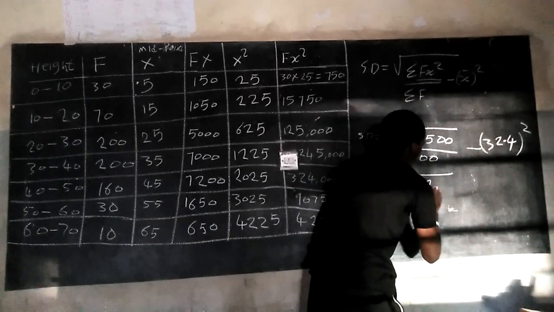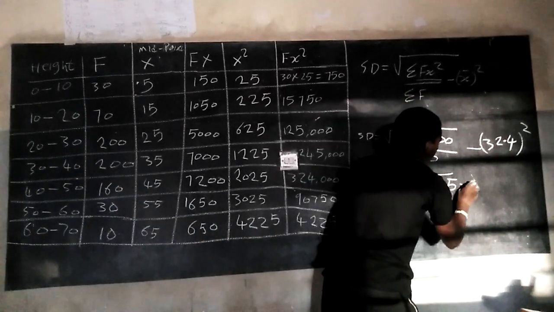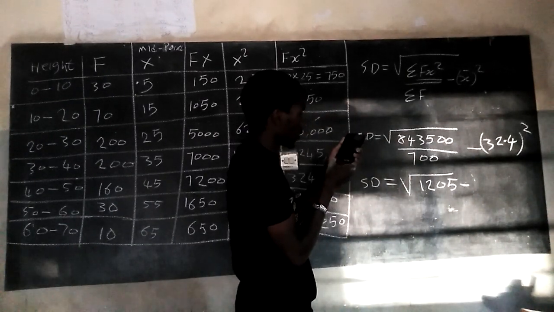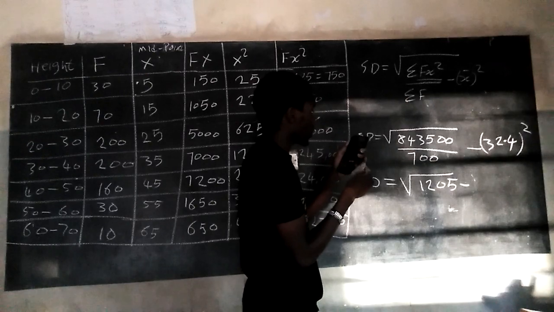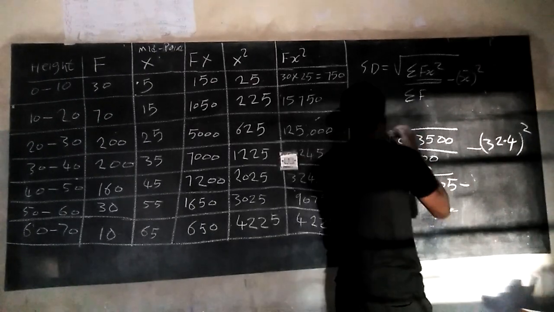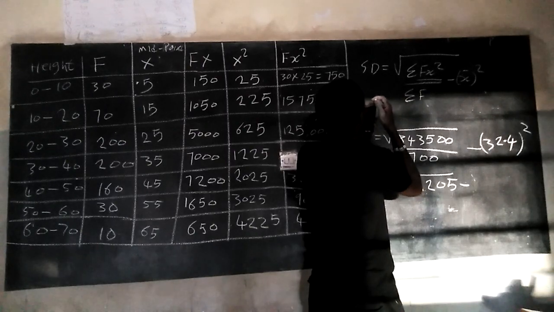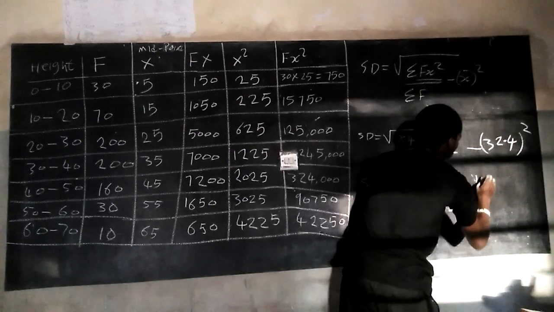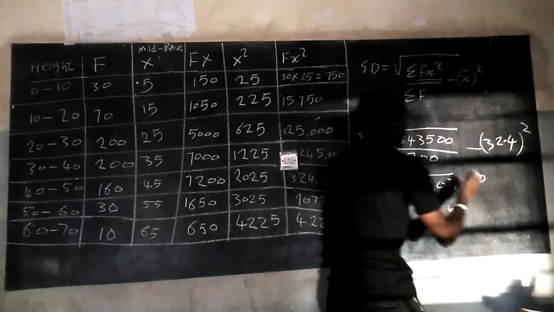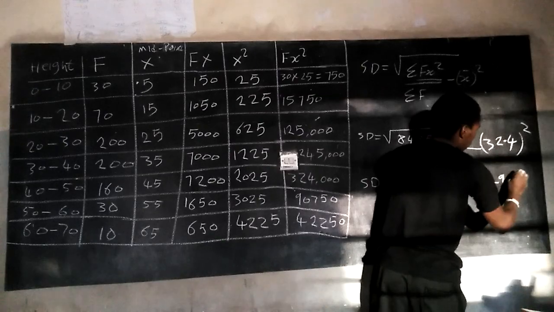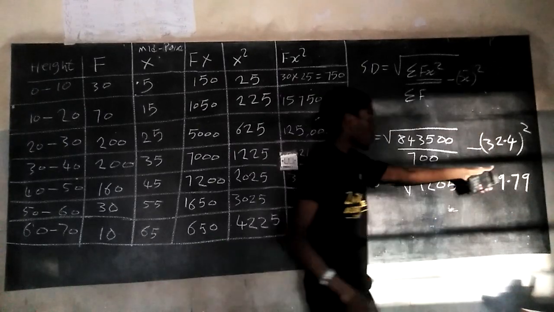So 120.5 minus 32.4 squared. It's giving me 1049.79. So this is what I'm getting.